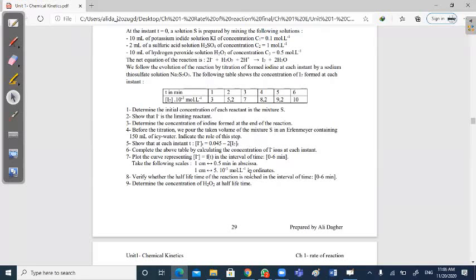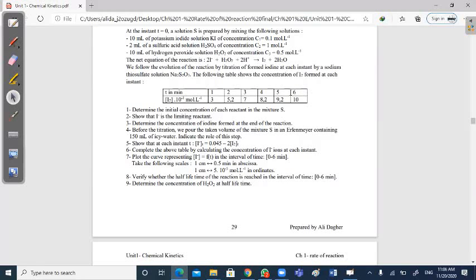We should calculate the concentration of I2 at half-life. If it is found in the interval of time 0 to 6, then the half-life time is reached. If the concentration of I2 at half-life is not present in the table, it didn't reach.